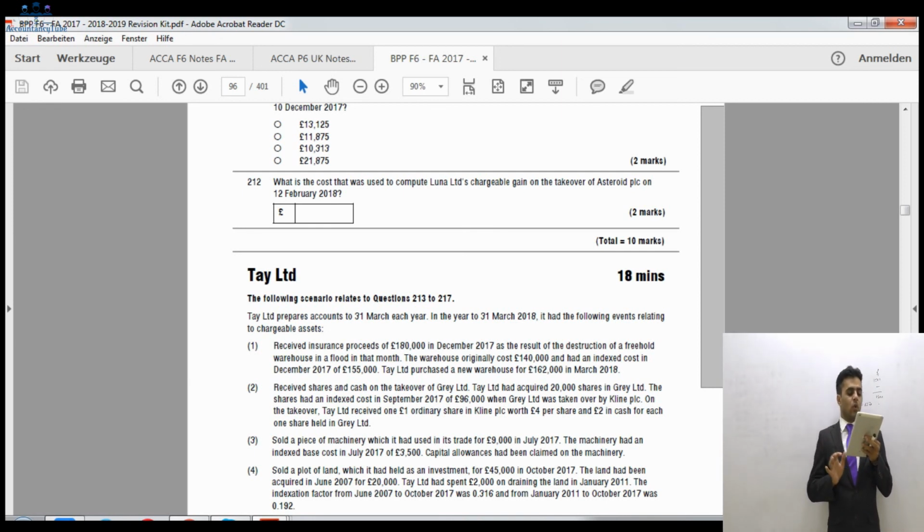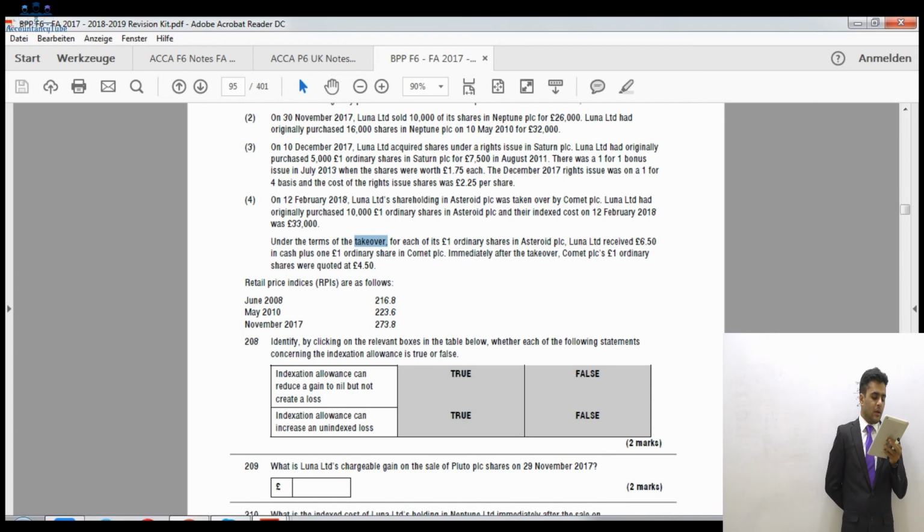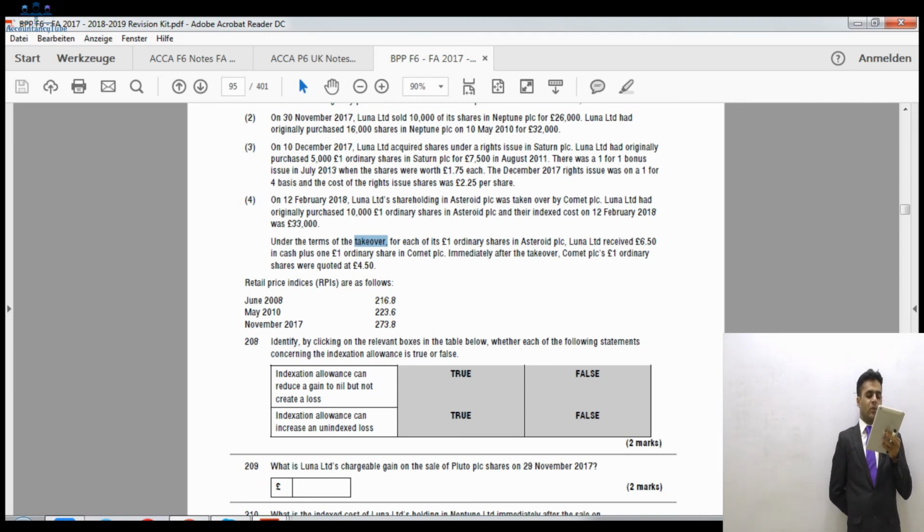So we'll take the cost of the old shares, which is £33,000, multiplied by cash, if any, received, divided by cash plus the new shares. Under the terms of the takeover, for each of its £1 ordinary shares in APLC, Luna Limited received £6.50 in cash plus £1 ordinary shares in CPLC.